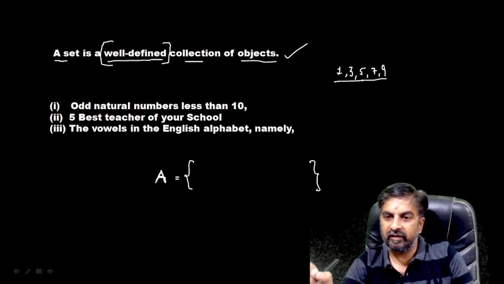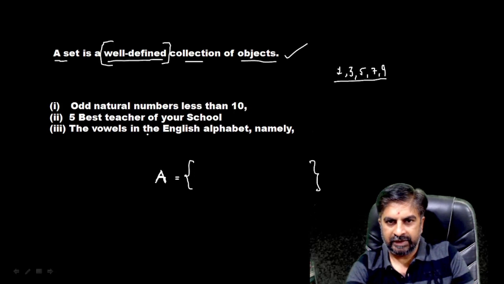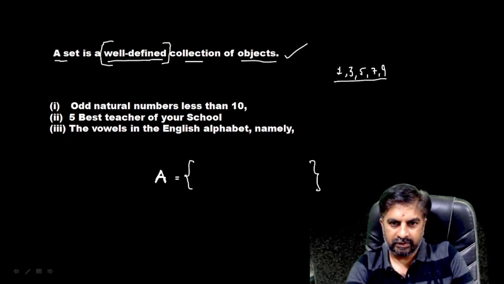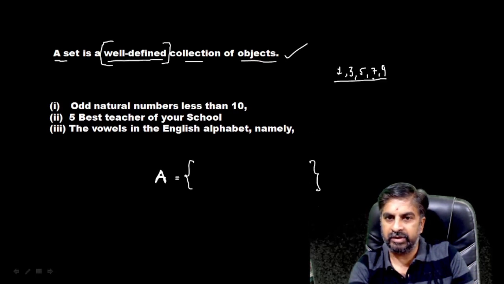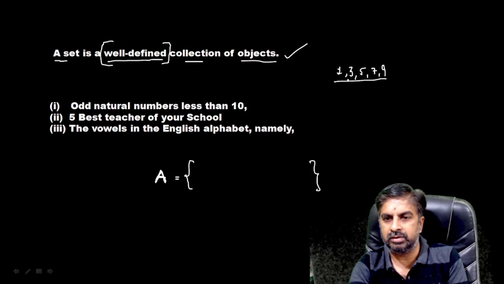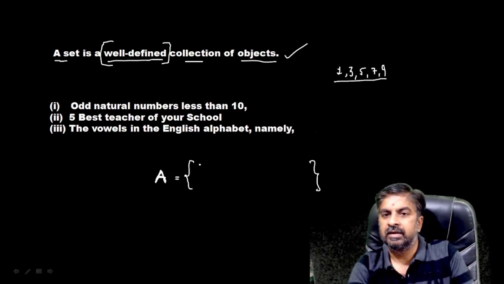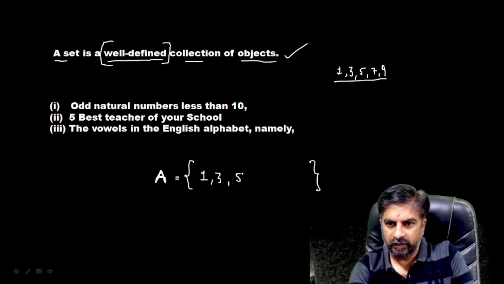No. So you have 5 fixed numbers inside this. I can say this is the name of this set. I gave A, and inside the curly braces these are called elements, or you can call them objects, or members of this set. So inside curly braces: 1, 3, 5, 7, 9.